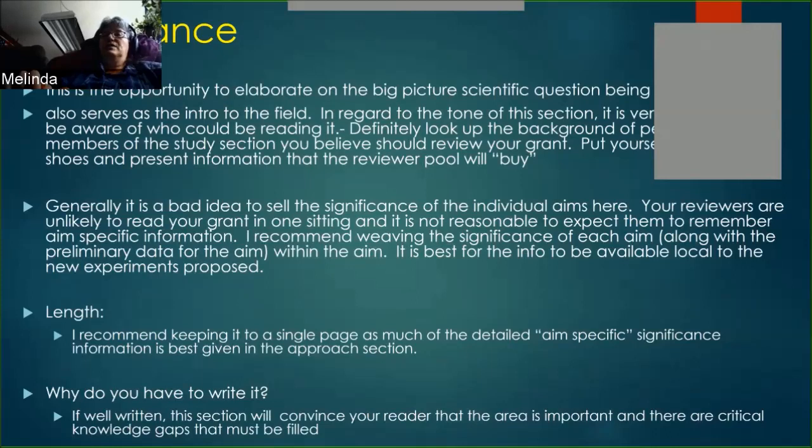critical knowledge gaps. Now, there is a review criterion now called the scientific premise. The scientific premise is essentially the literature. Does the literature and preliminary data essentially justify what you're doing? They ask the reviewers to address, is the scientific premise strong?